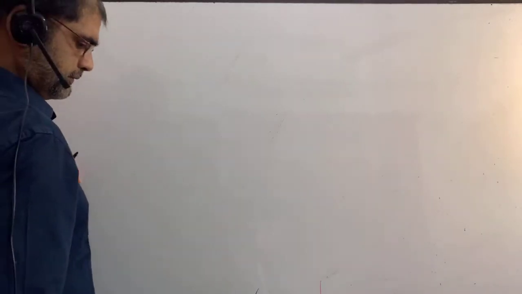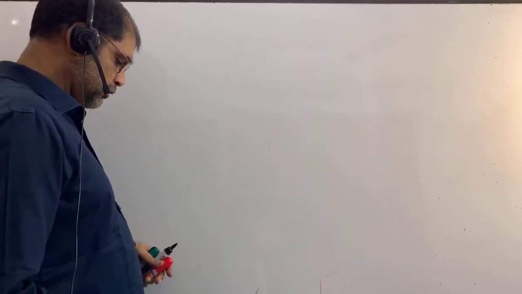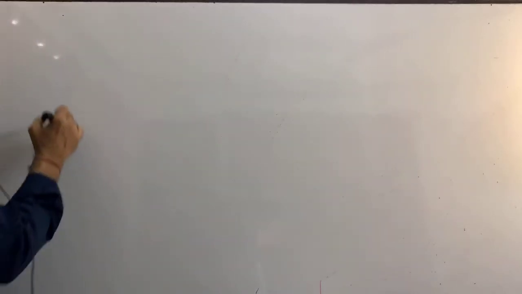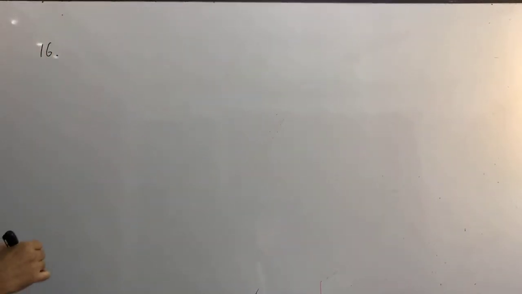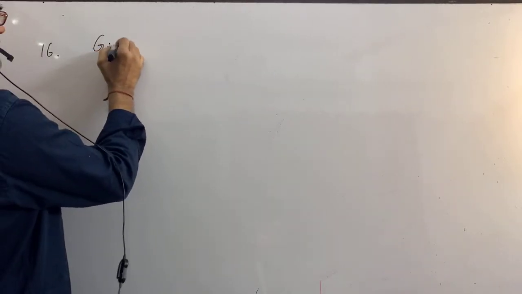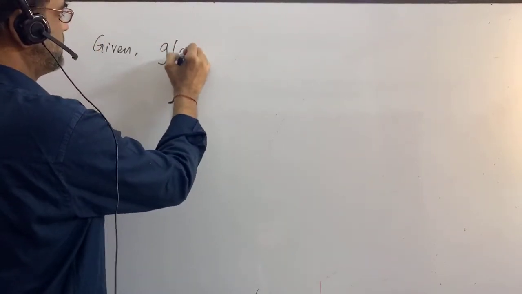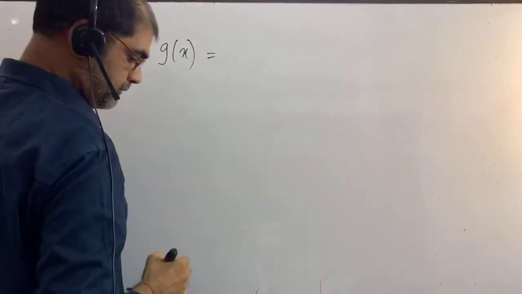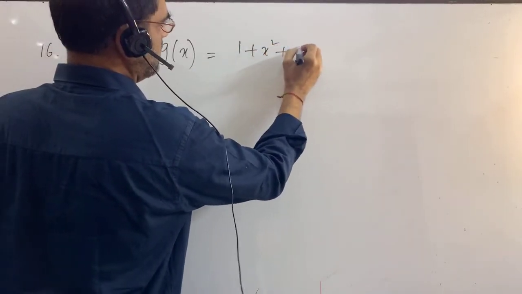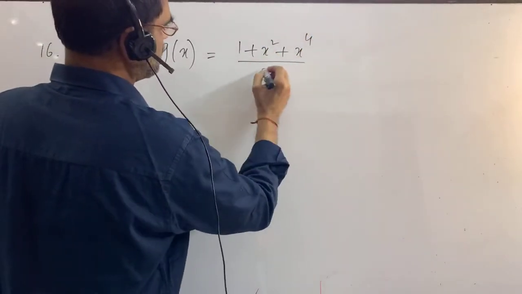Now I am going to do another important math which is really very important for you. Question number 16 of exercise 2.2. It is given, write down, given g of x is equal to 1 plus x square plus x to the power 4 by x square.